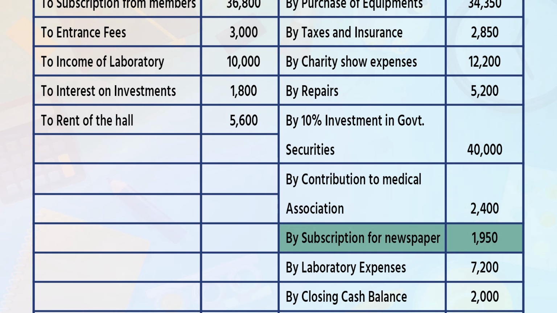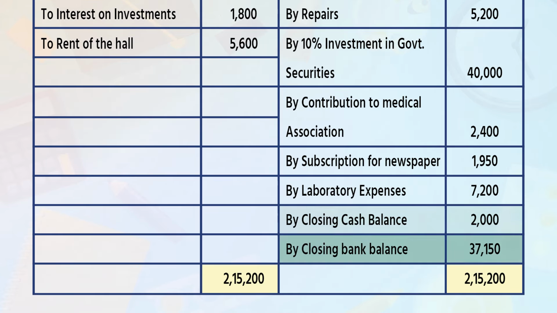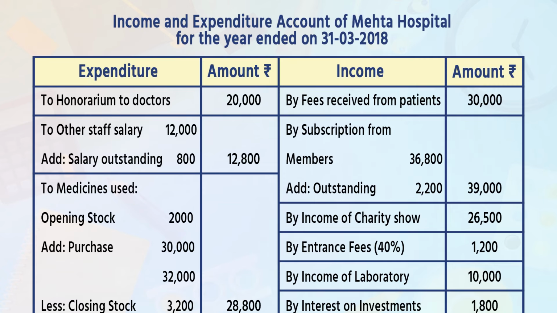Now we will see subscription. Subscription of newspaper 1,950, laboratory expenses 7,200, closing cash balance 2,000, closing bank balance 37,150, and the total is 2,15,200.